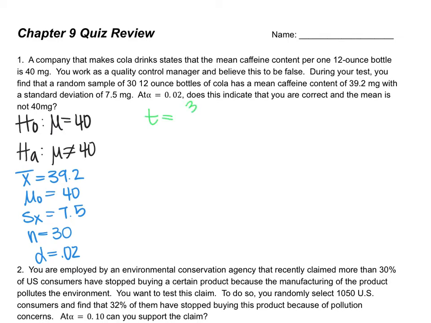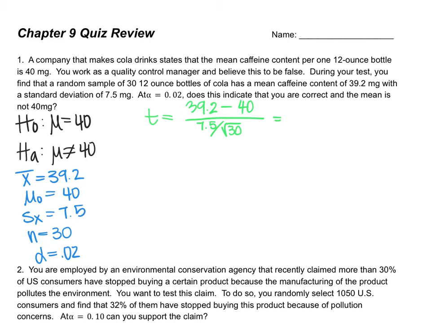So take our mean, 39.2, minus 40, over the sample standard deviation, 7.5, over the square root of n, which is 30. Remember, any formula that we use in Chapter 9 will be given to you for the quiz, so you don't have to memorize these.